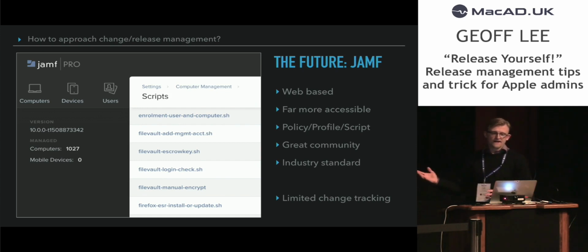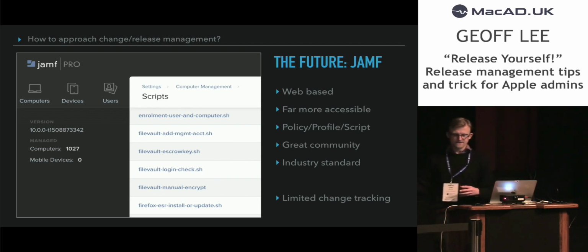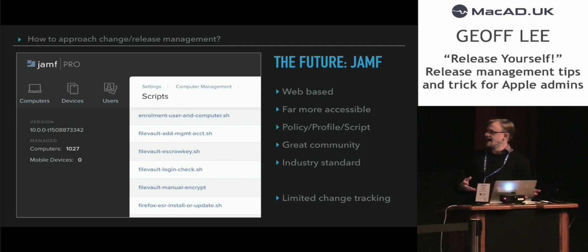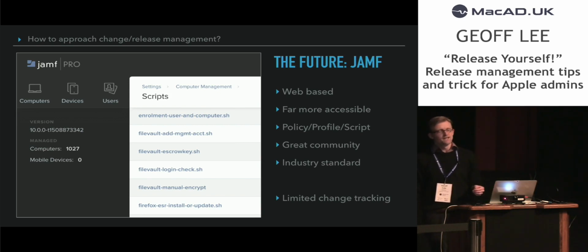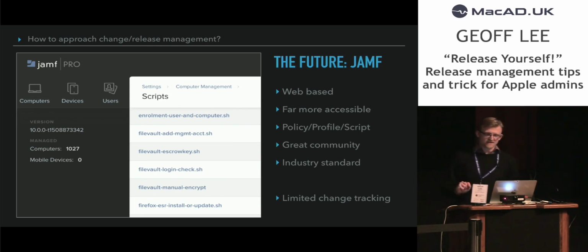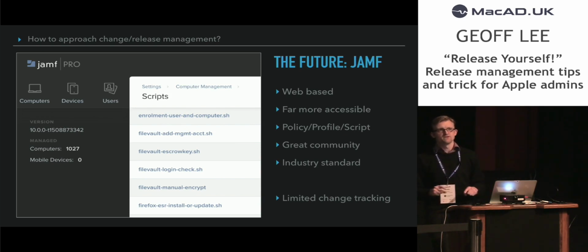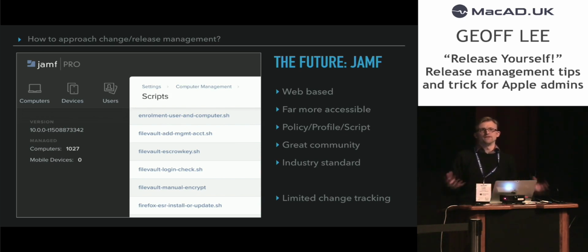So there was nothing like that built into JAMF. It does have what it slightly confusingly, I think, in this context calls change management logging. And if you use that feature on the JSS, you can see pretty much that something changed, and when it changed, and who changed it. And if you really dig into things, you might be able to find out what changed. Although, particularly importantly, from our point of view, if what changed was the content of a script, there's nothing in there to help you with that.